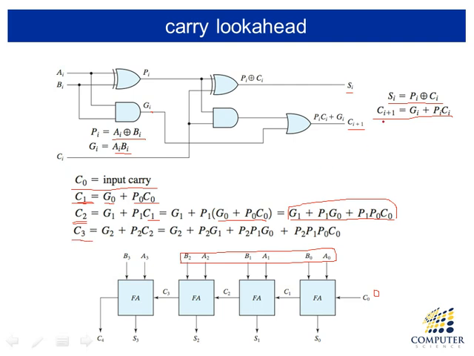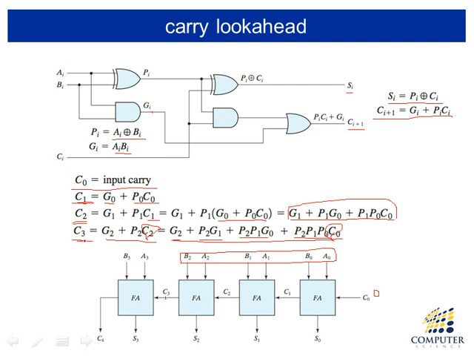Similarly, C3 is defined this way, and then we replace C2 by the equation developed in the previous step. Then this is an expression for C3. So C3 is here, which is a carry in for the most significant position. Generally, if we use the ripple circuit, we have to wait until all the previous three full adders are done. But this equation says C3 is dependent upon A's and B's, and C0, which is direct input as well.